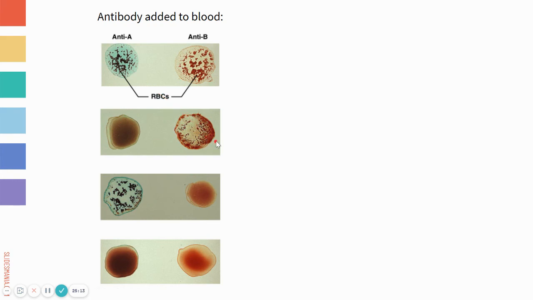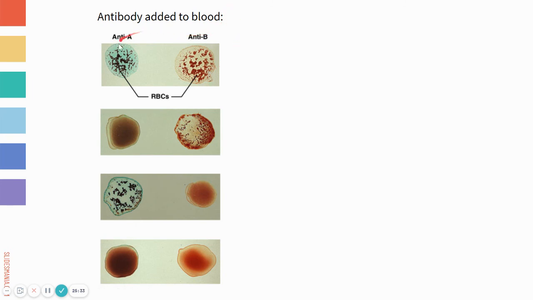So we can add anti-A and anti-B antibodies to a sample of blood and see whether it clumps up or not in response. And this will allow us to figure out what type of blood we're looking at. So let's take a look at these 4 pictures and figure out what kind of blood is present in each of them.